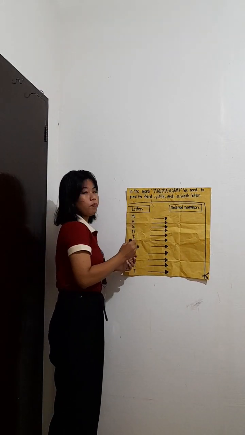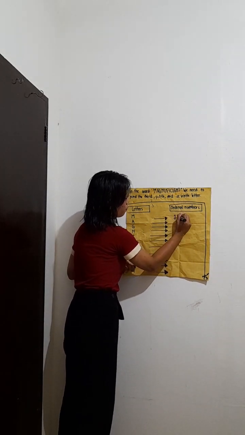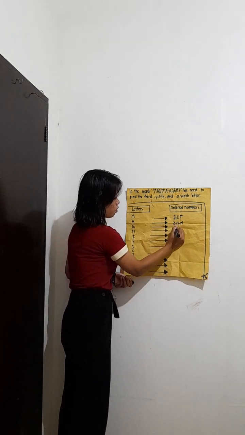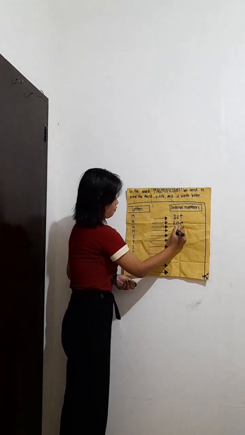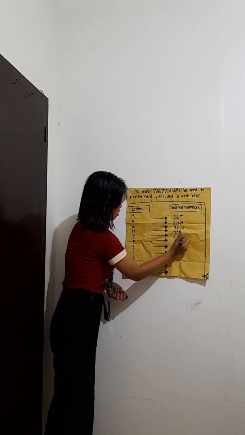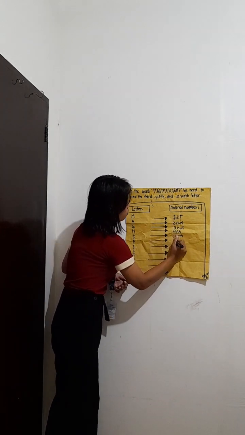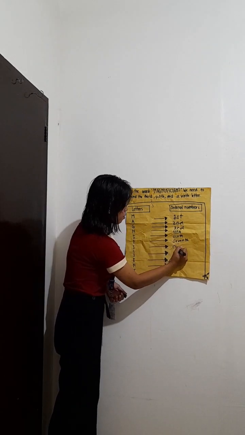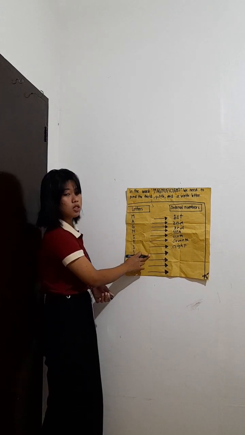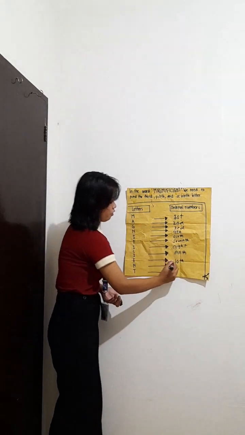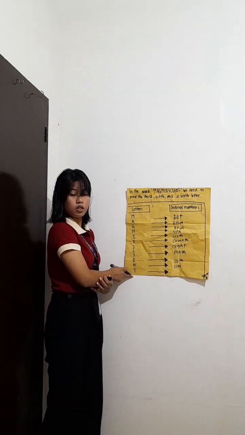So, M is first, very good, and A is second, and G is third, and N is fourth, and I is fifth, and F is sixth, and I again is seventh, and C is eighth, and E is ninth, and N is tenth, and T is eleventh.